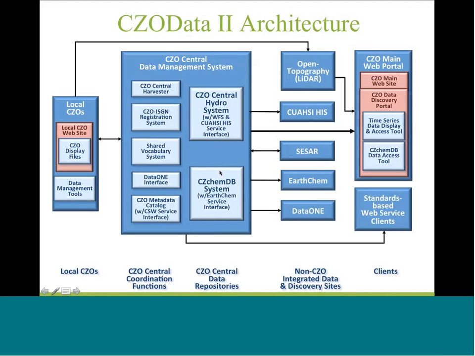Some of the components that are drawn in boxes here are data storage databases, repositories. All the arrows are information transfer between those repositories. And some of these boxes are services that allow one to rapidly search for the data resources.